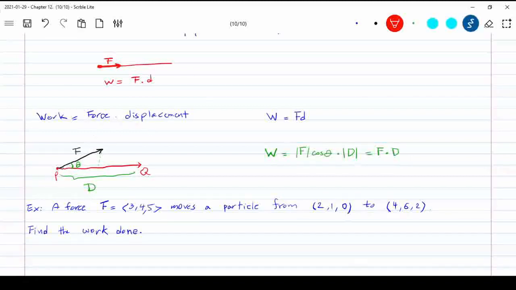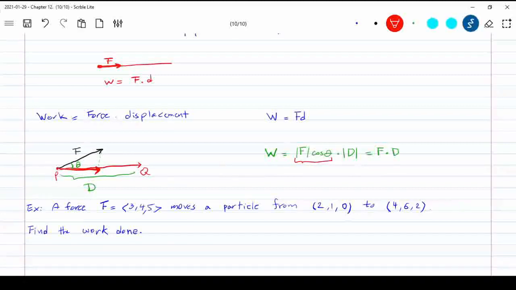So for example, if you're pulling something at a certain angle, but the displacement happens on the ground, then what you can say is that the work done is basically the force along that displacement. The force along the displacement would be the force that you put along this direction, which, in terms of length, is magnitude of F times cosine theta.